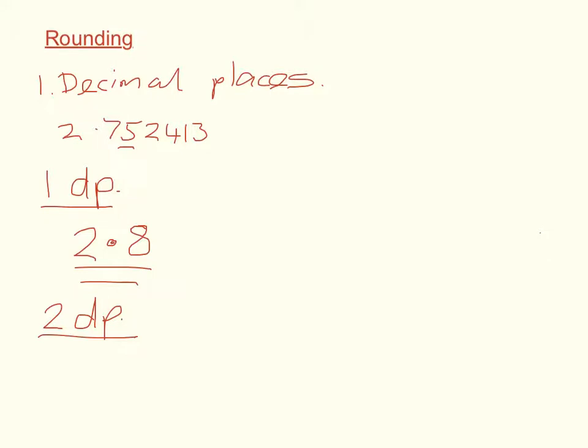I'm going to write down everything up to that, so I write down 2.7. Now I have to decide whether the next digit is a 5 or a 6. Well, as you can see, the next digit along is a 2. So that is not a 5 or above. So I write down 2.75. In other words, that number is closer to 2.75 than it is to 2.76. Okay, I hope that makes sense.